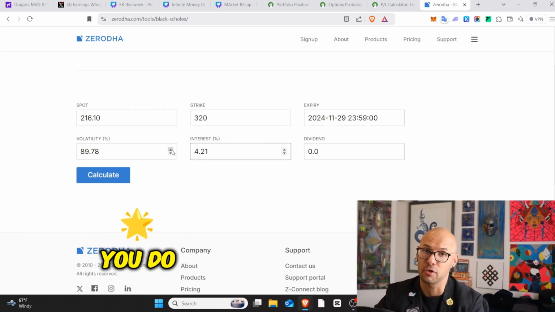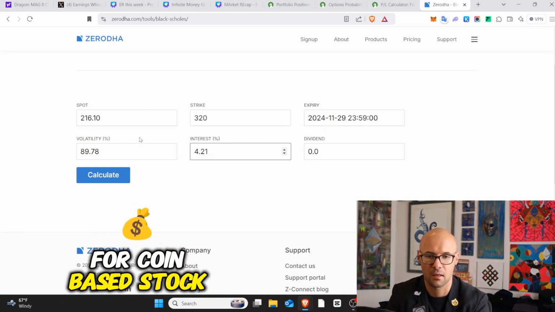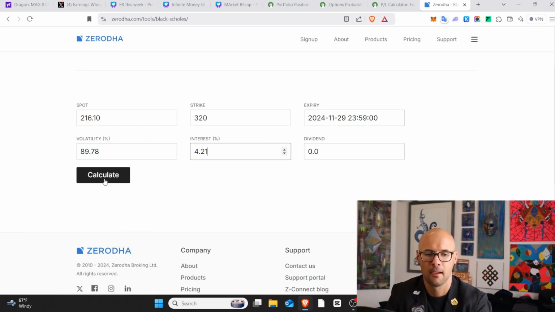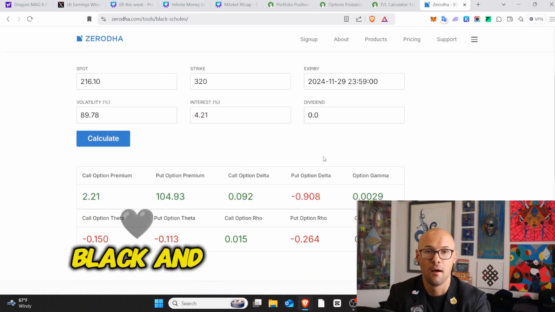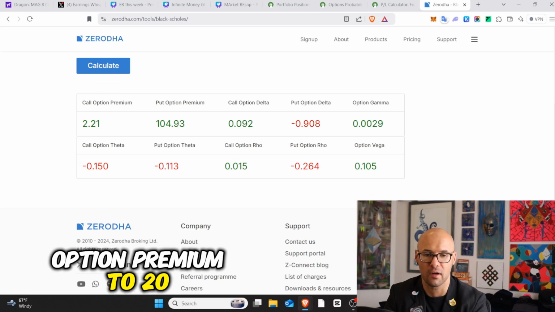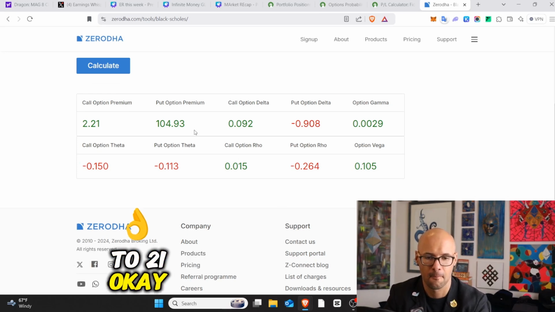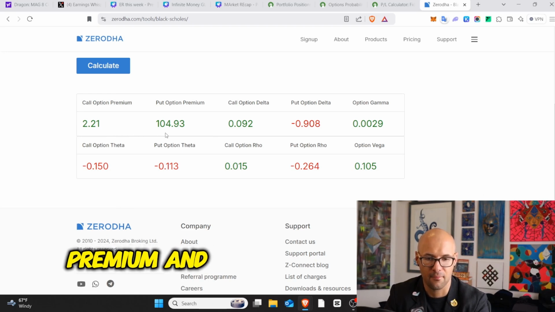Look it up when you do this because interest rates change. There is no dividend for Coinbase stock. You can also look that up for the stock that you plan to do this with, and click calculate. According to this Black-Scholes formula, this is the call option premium, 2.21. For the put option, we're not going to deal with that right now. Theta is 15.